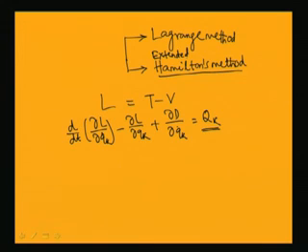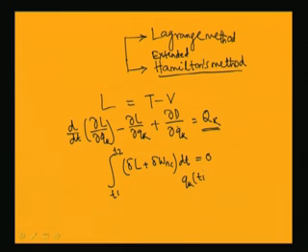The extended Hamilton principle can be given by the integral from t1 to t2 of del L plus del W n c, dt equal to 0, with q k at t1 equal to q k at t2, or del q k at t1 equal to del q k at t2 equal to 0.